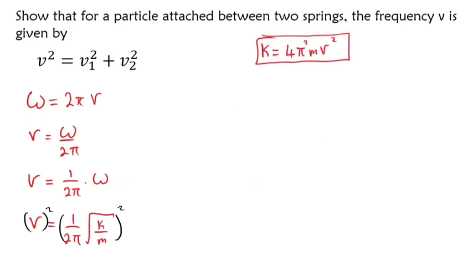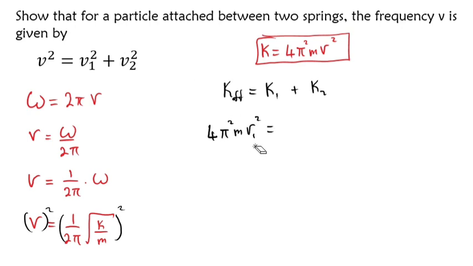If both springs have the same expression, this means that the effective spring constant k will be equal to k1 plus k2. So for the effective constant k, I'll use the formula given there, which is 4 pi squared mass nu squared, like this.